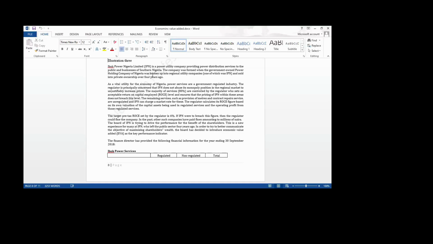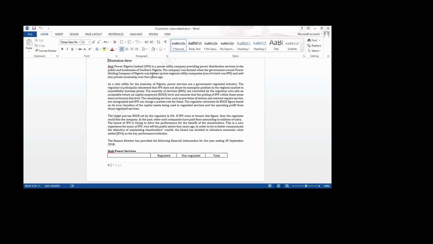In the past, other such companies have paid fines amounting to millions of naira. The board of IPN is trying to drive the performance for the benefit of the shareholders. This is a new experience for many at IPN who left the public service 4 years ago.